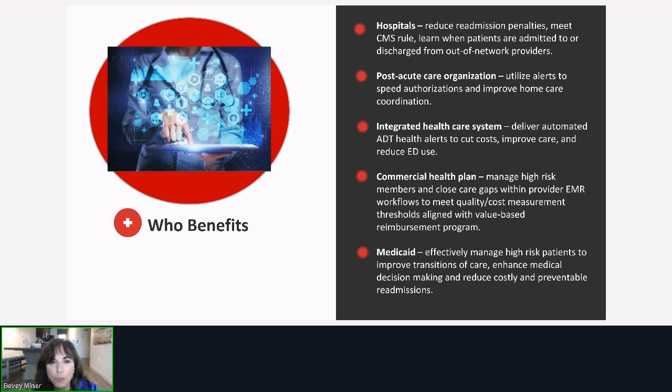So hospitals, we talked about reduction of readmission penalties. They need to meet a CMS rule. And when CMS put these rules in place, sometimes that's the biggest benefit. If I can meet that rule, then I don't end up with the penalties. This penalty could be huge. CMS did not determine exactly what the remediation is if you don't comply.